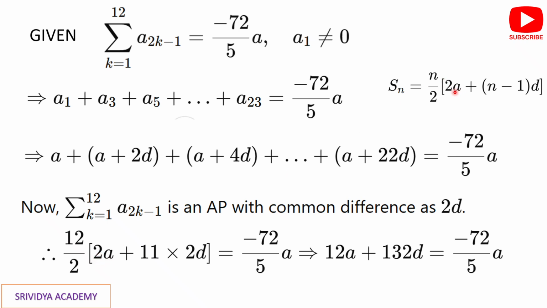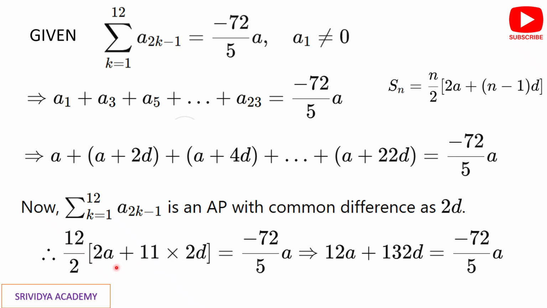In the formula we have 2 into the first term, and here also the first term is a, so we have 2a. n minus 1 is 12 minus 1, which is 11, and the common difference in this series is 2d. That is why we are writing 11 into 2d here.